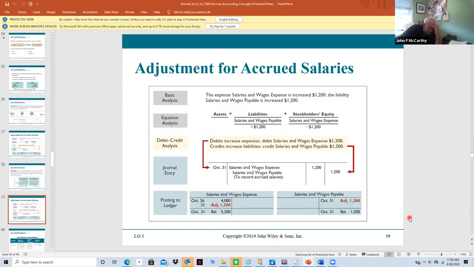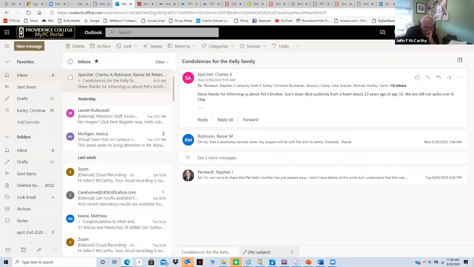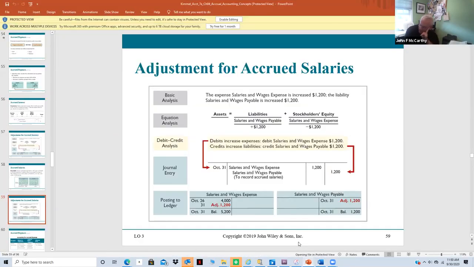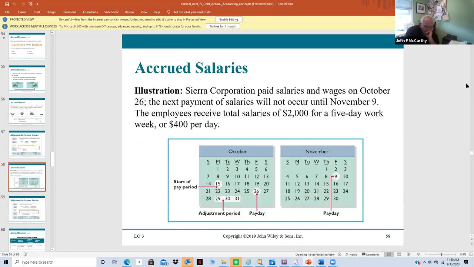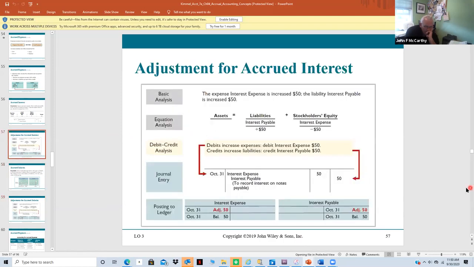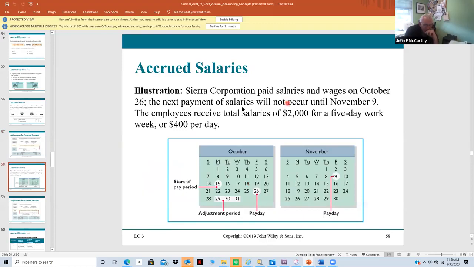Now you take a look at that slide. All right. Entries, T accounts. The 26th, that 4,000, that's what they paid. They were last paid on the 26th.